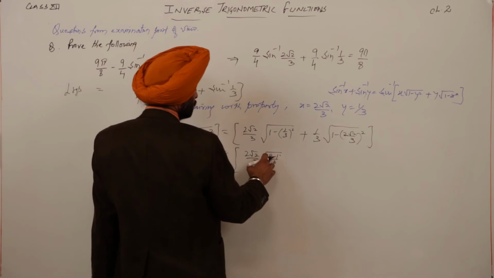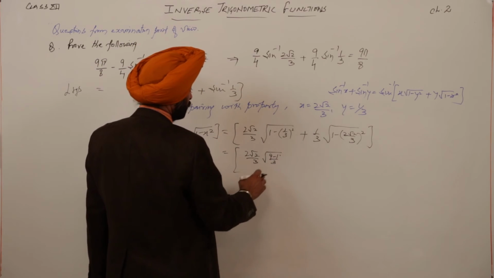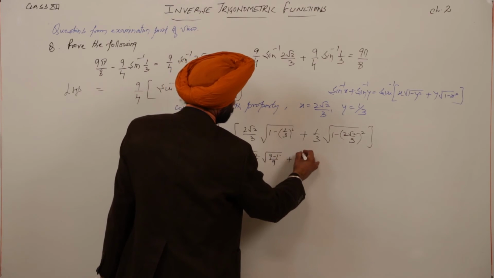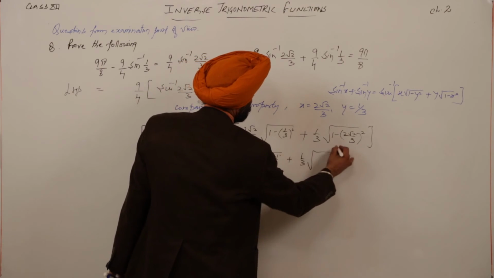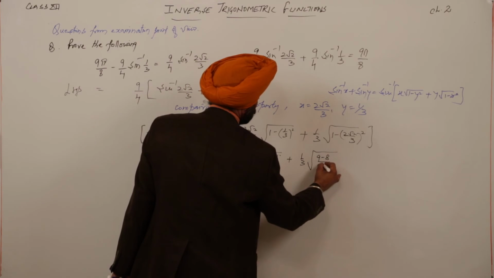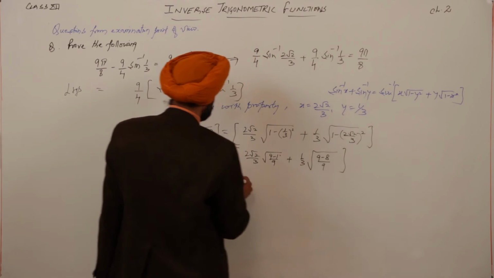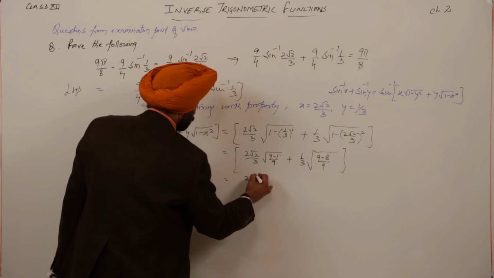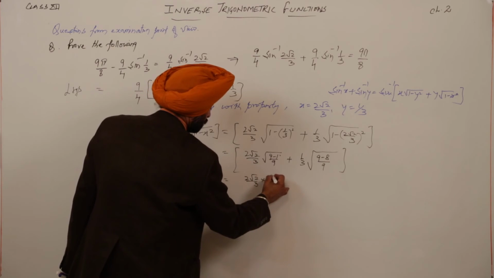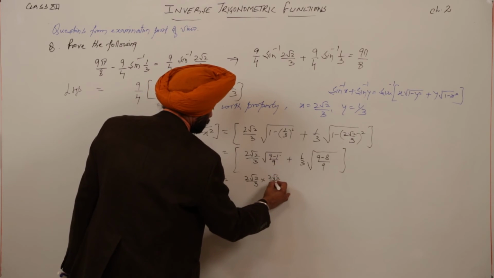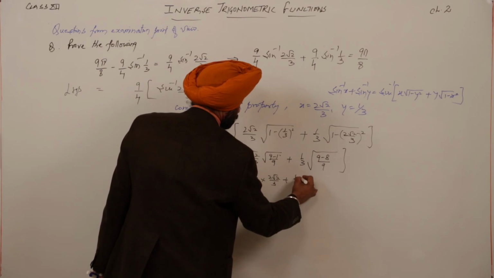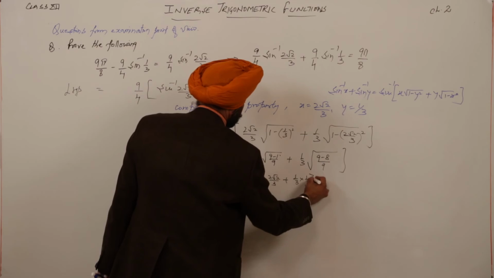So this becomes 9 minus 1 upon 9, plus 1 by 3. Now this becomes 9 minus 8 upon 9. So further what we are having, 2 root 2 by 3 times 2 root 2 by 3 plus 1 by 3 times 1 by 3. Okay.